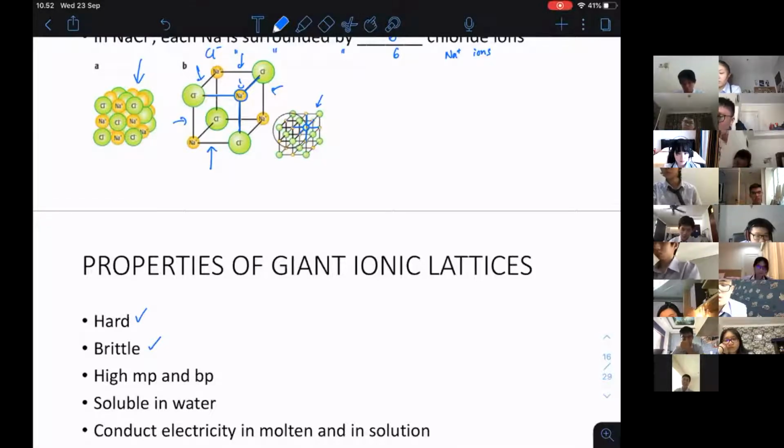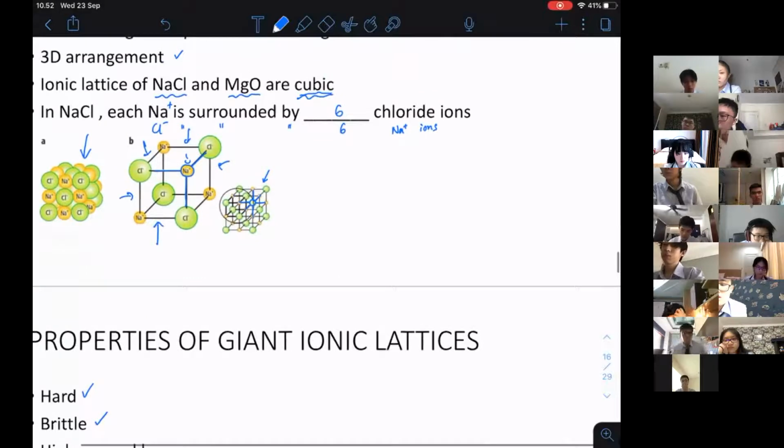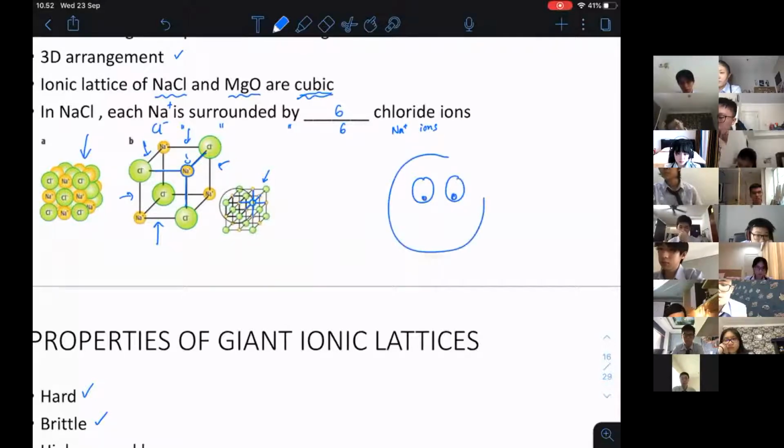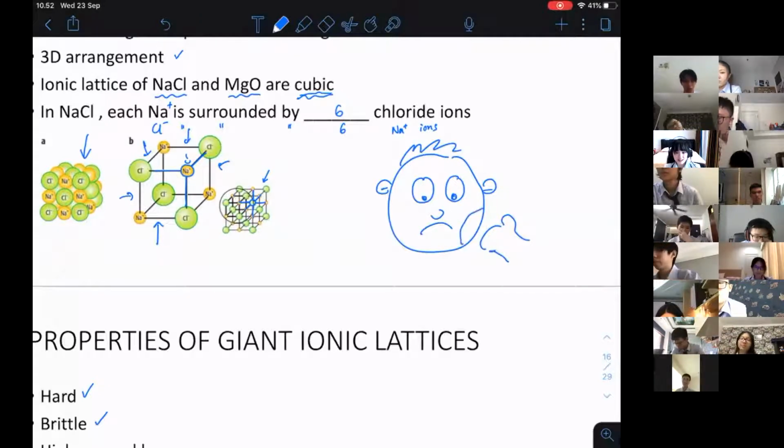I always like to refer to this diagram of a person, and I'll quickly draw something over here. Imagine you punch this guy, and the shape of the face will change according to the way that you punch.